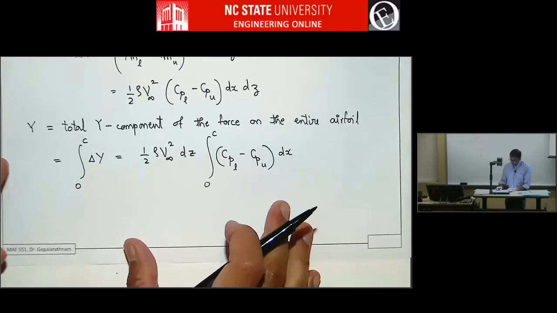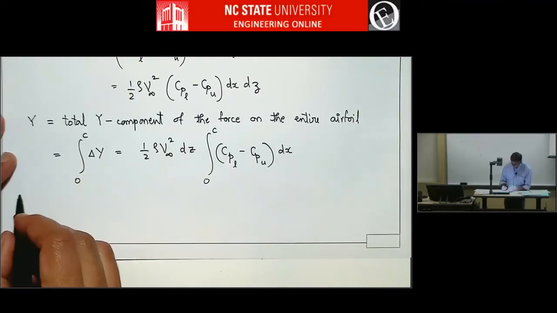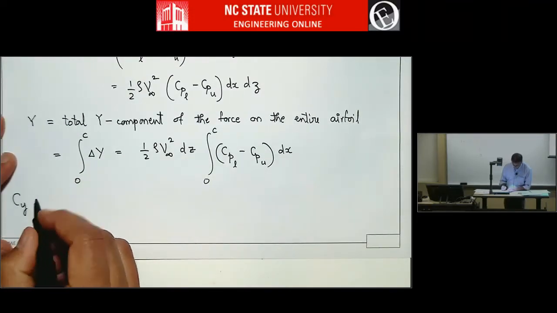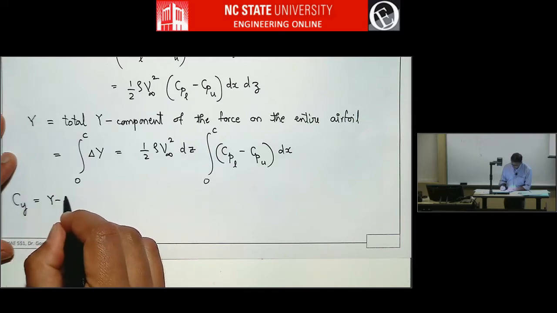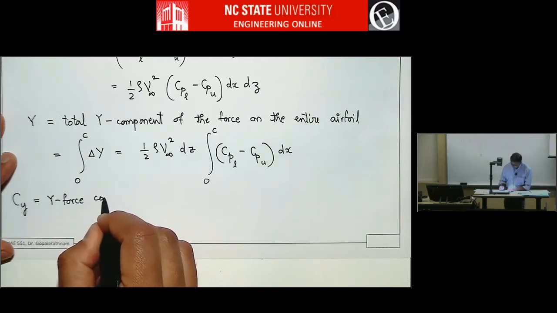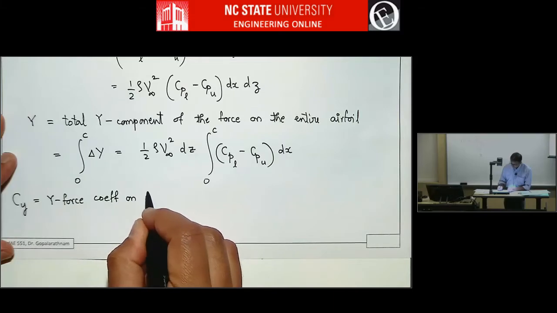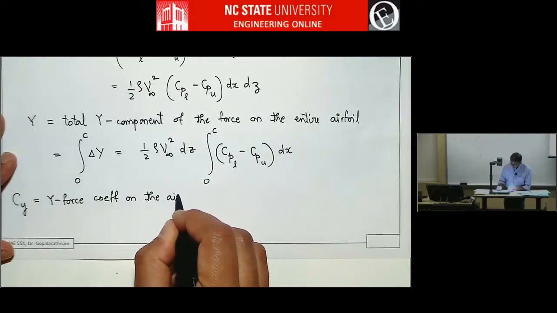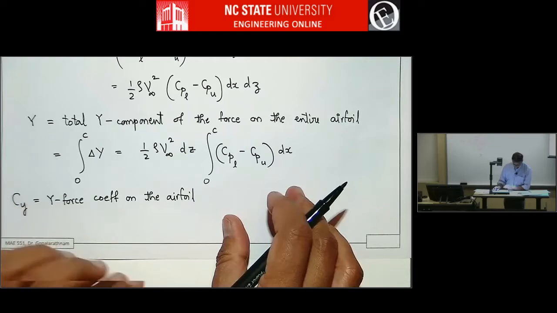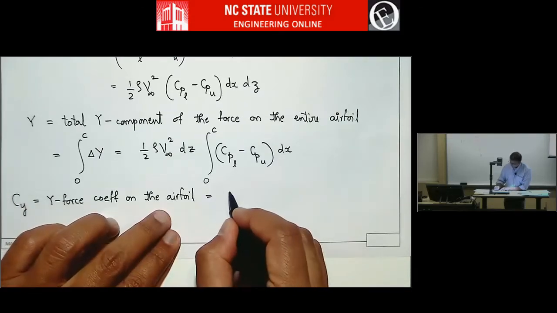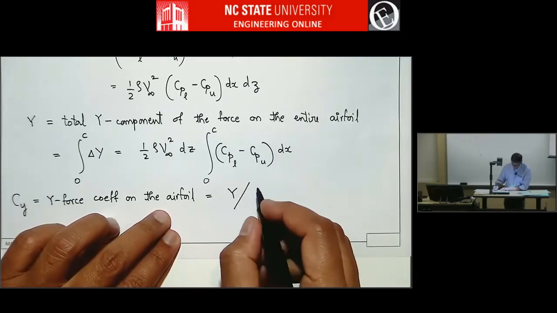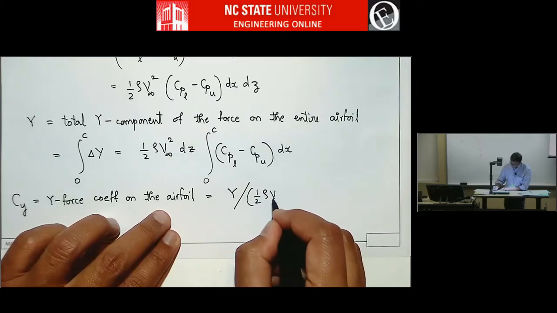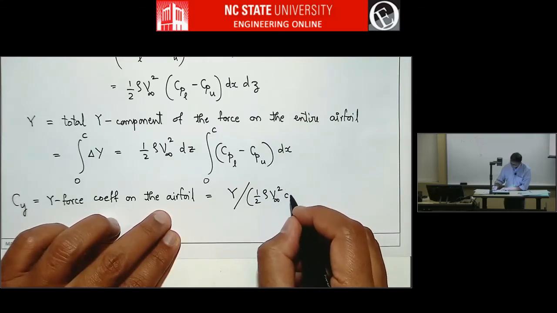So let's convert this to coefficient form. Let's call this c small y, the y force coefficient on the airfoil. And that will be the y force divided by half rho V infinity squared times chord times dz.